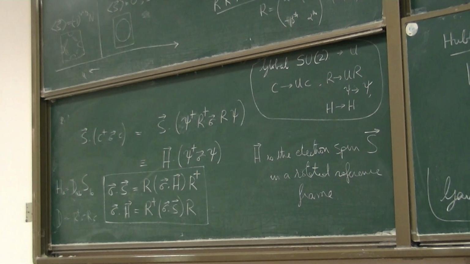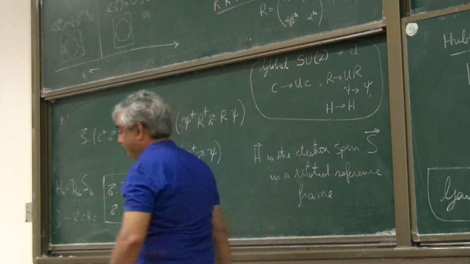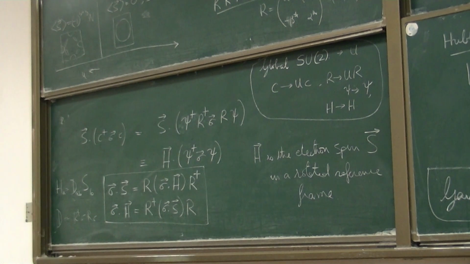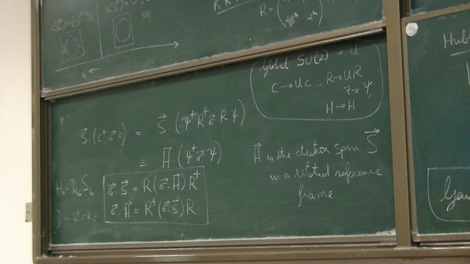So this theory, in terms of H and R and psi, is an SU2 gauge theory. H, because it transforms under the SU2 gauge transformation in spin 1, is the Higgs field. That's why I'm calling it a Higgs field. And R is the analog of phi in the previous part of my talk.